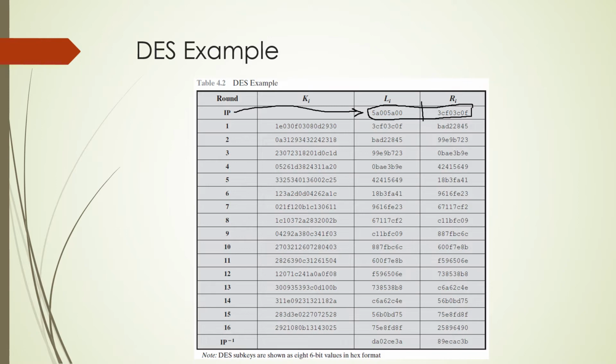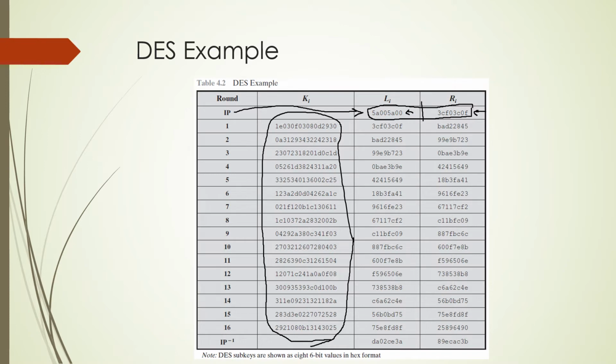This is L0 and this is R0, and then that becomes the input for round 1, and also the key that I showed you, the 64-bit key, will generate all of these 16 subkeys.